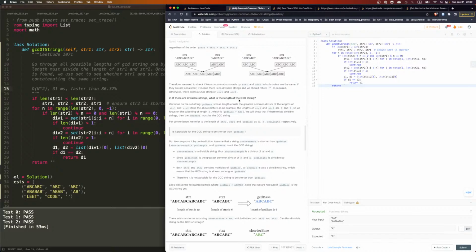This is the largest I can divide by both, okay? So we want to say that this is not. So the actual one is actually shorter. It cannot be longer, okay?